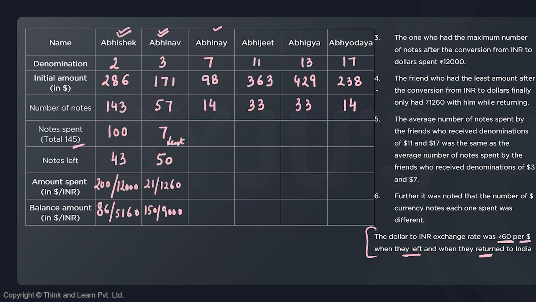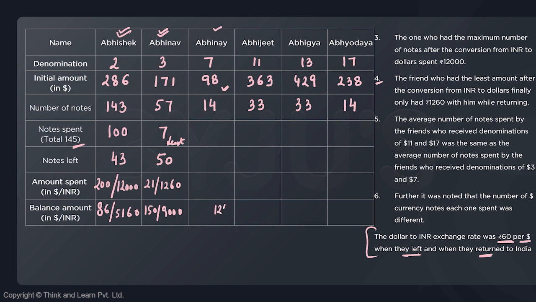What next? Come to point 4. The friend who had the least amount after the conversion from INR to dollars, can I say that person is Abhinay? He had just $98, which is the least amount. After the conversion, he finally had only 1260 rupees with him while returning.